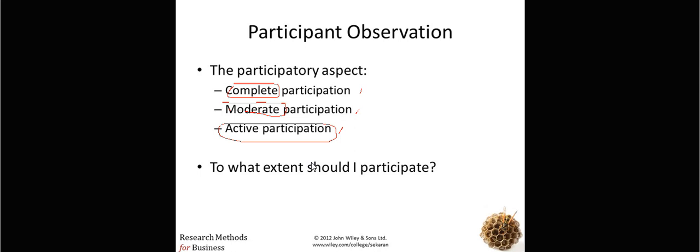How, what condition, dia bergantung kepada how we get the issue, how we understood the issue. Kalau kita tak tahu apa langsung, maybe the good is active participant. Okay, kalau kita dah tahu little bit, maybe moderate or complete participants. So kita akan tanya diri kita, how should I participate? So diri kita saja boleh pilih, then we do this step. Sama ada kita request for active participate ataupun moderate participate or complete participate.